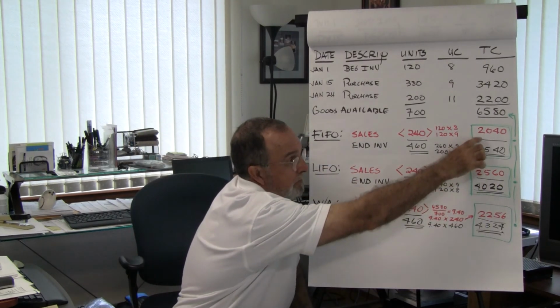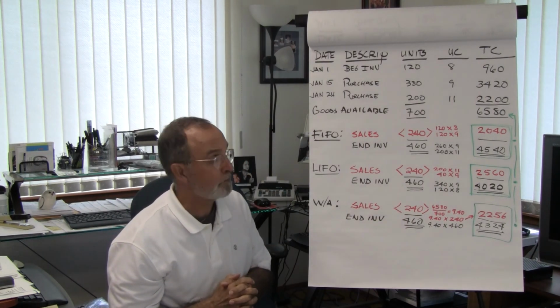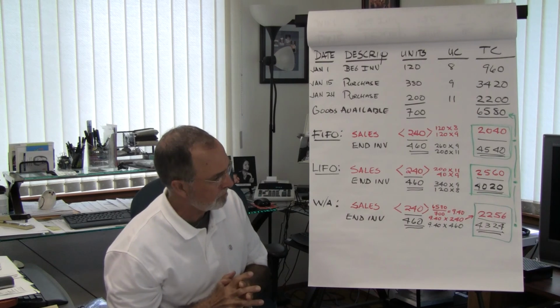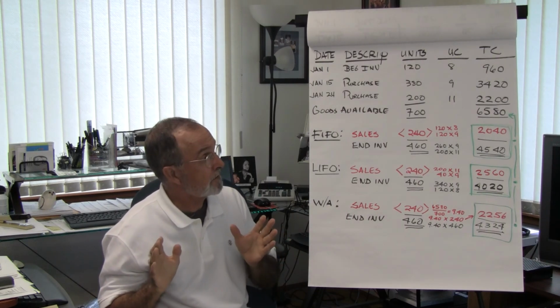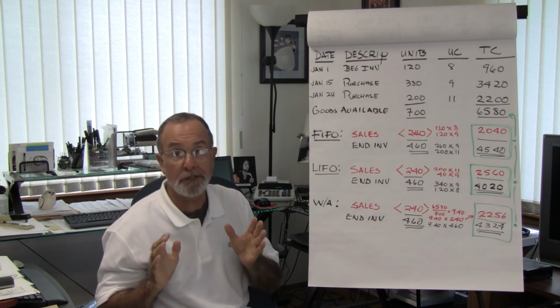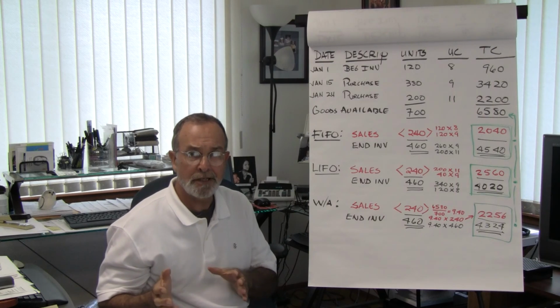And so again, weighted average would provide us with a compromise position. Keeping in mind, we're using the periodic inventory method, where all calculations are done at the end of the period.